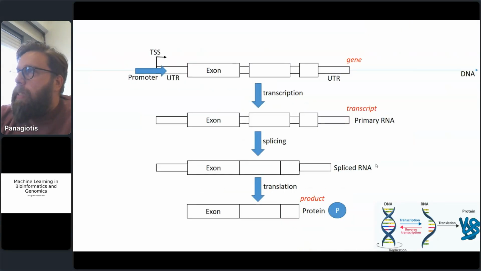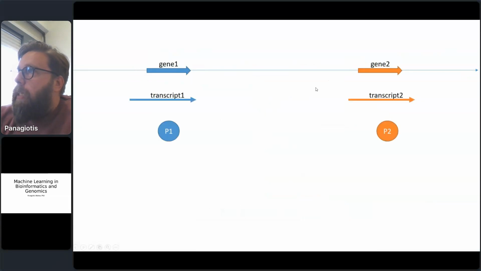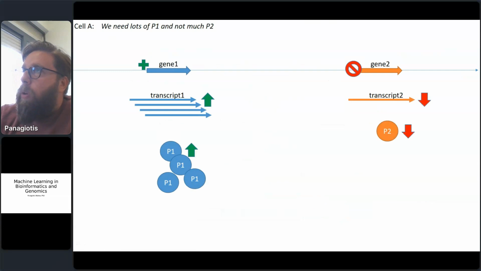As I said before, we have here the little schematic. We go from DNA to RNA to protein. The protein is the actual functional thing that we want. This whole process can be controlled at various stages. For example, a cell might want a lot of gene 1 and not a lot of gene 2, so it will want a lot of protein 1 and not much of protein 2.